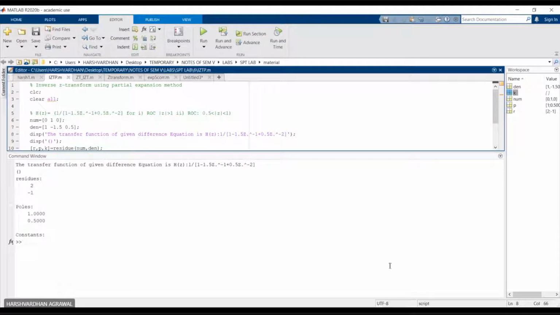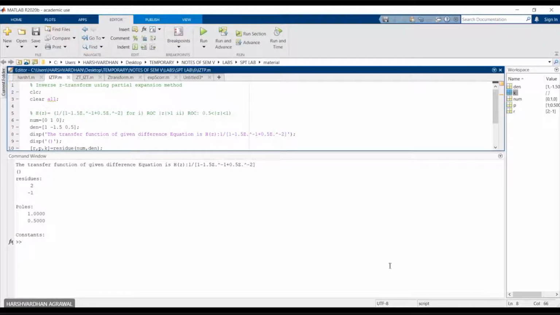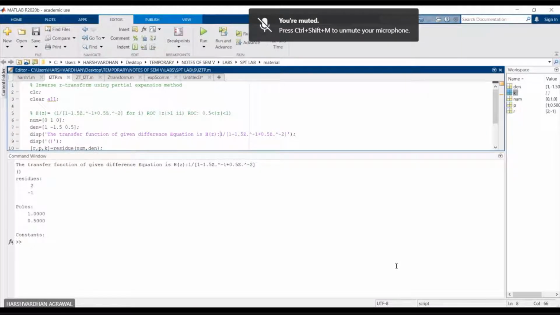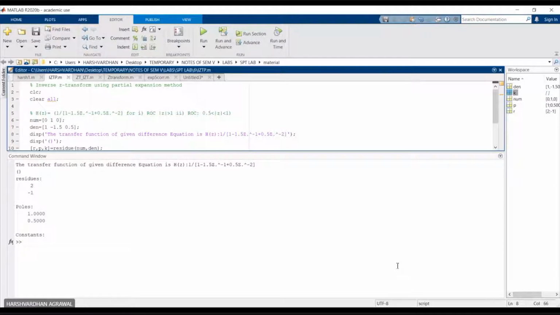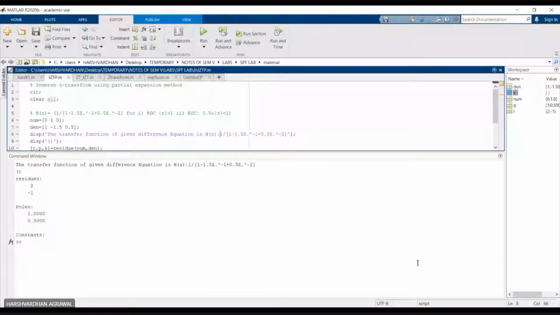But a better way is to take the ratio with positive powers, multiplying z square on both sides. Then the numerator would be z square by z square, and the denominator would be z square minus 1.5z plus 0.5. So you will see that the coefficients would be 1, 0, 0 for the numerator, and for the denominator 1, minus 1.5 and 0.5.